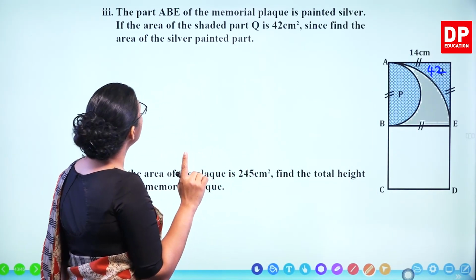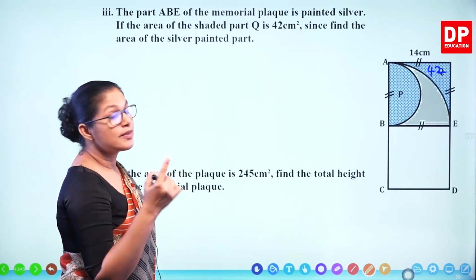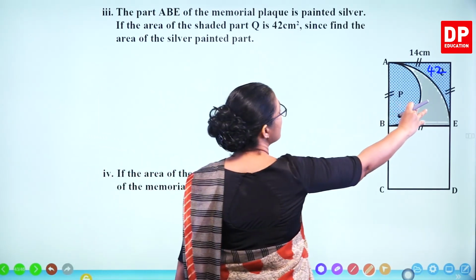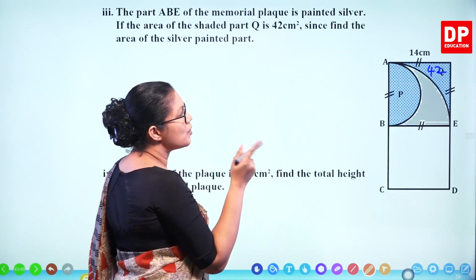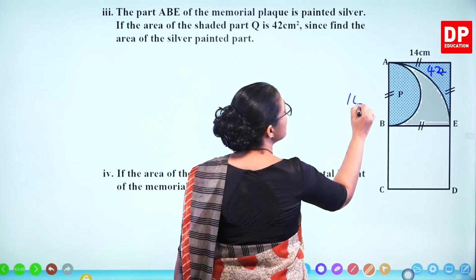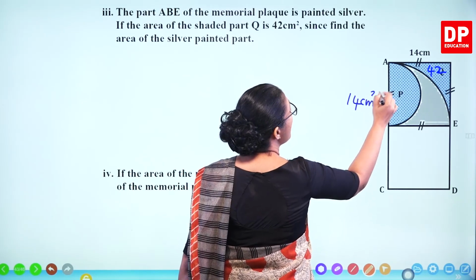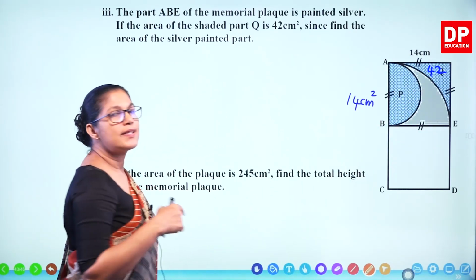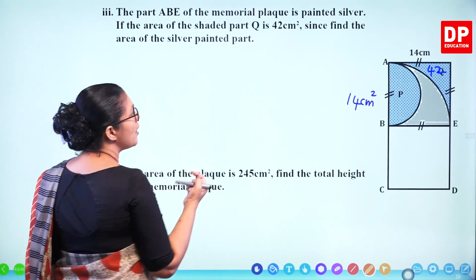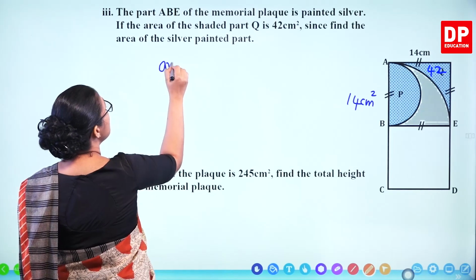Since find the area of the silver painted part, so you are asked to find out this part. So we can use the area of the square, that's 14 times 14, and subtract the area of these two, you can find the silver part. So what is 14 times 14?